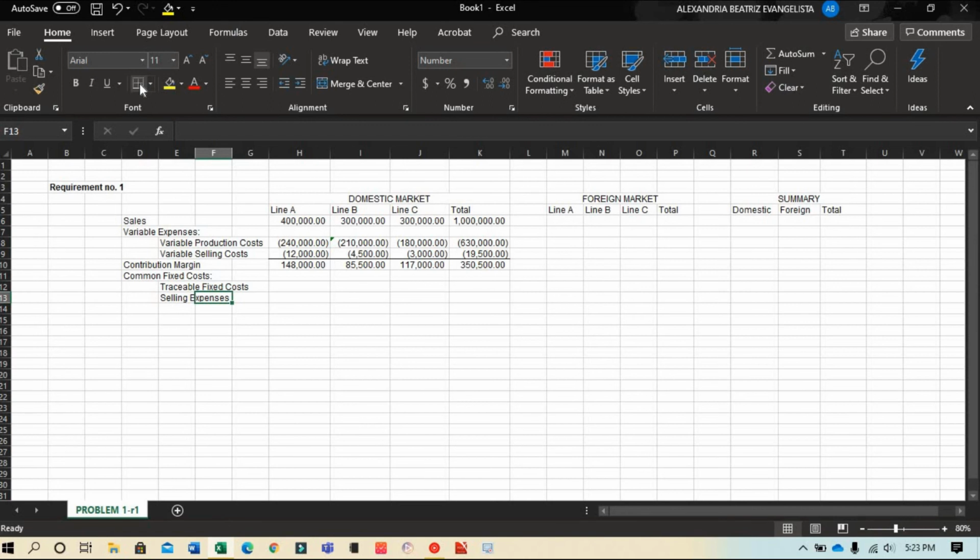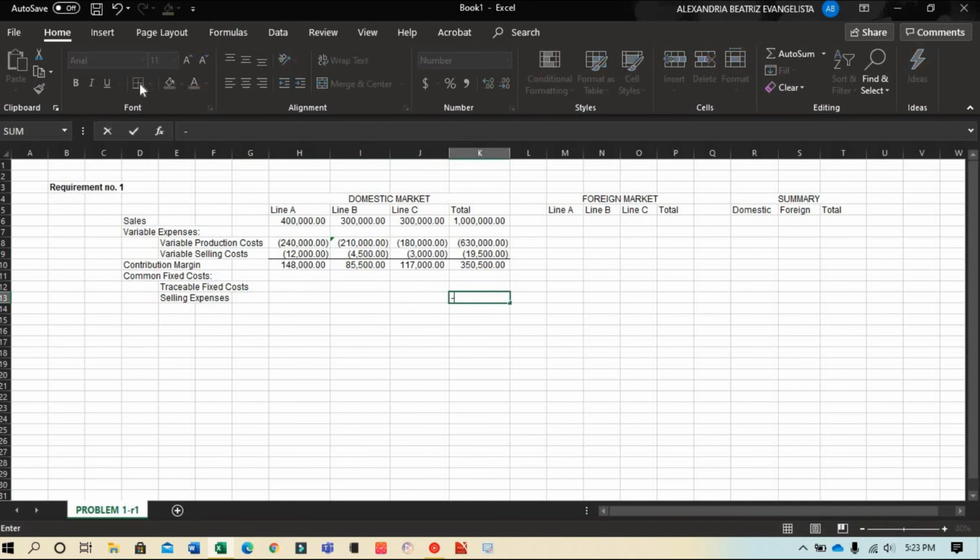Fixed selling expenses are joined to the three products, but $36,000 is direct to the domestic market. That pertains that it is traceable to the domestic market. So we're just going to input that there.